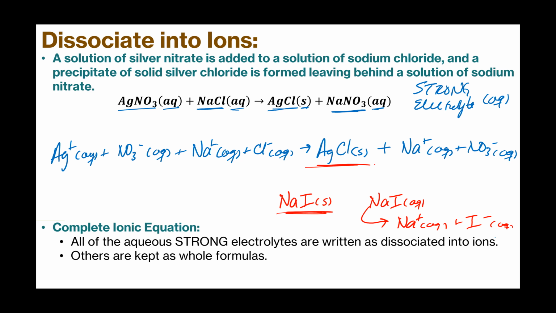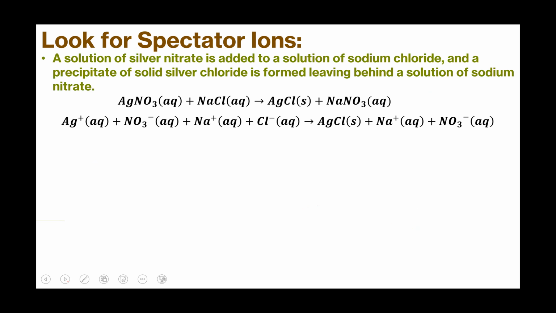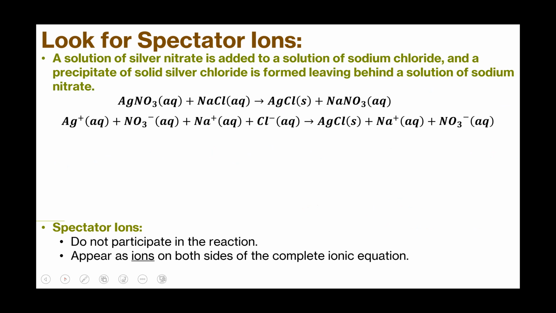Once we have our complete ionic equation, we can look at it for what are called spectator ions. A spectator ion shows up on both sides of the equation as the ion itself. For example, we have a sodium that's aqueous here, and we have a sodium that's aqueous here.